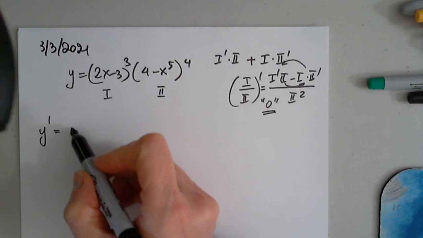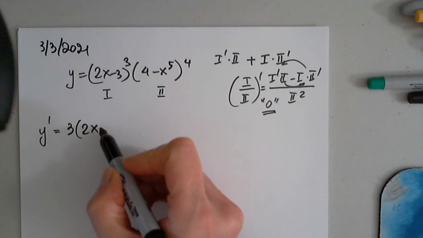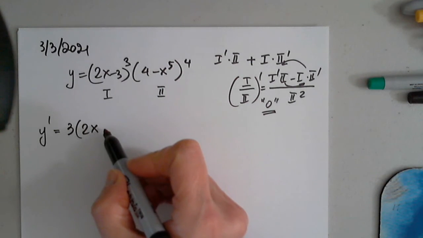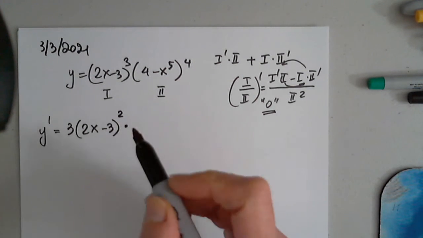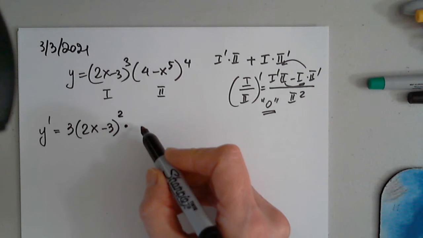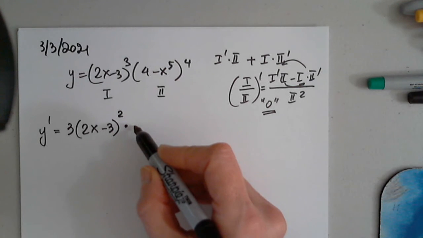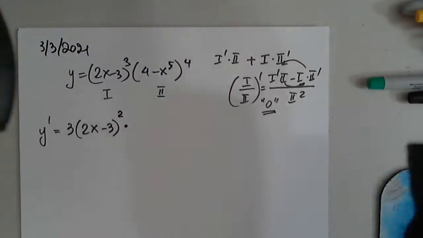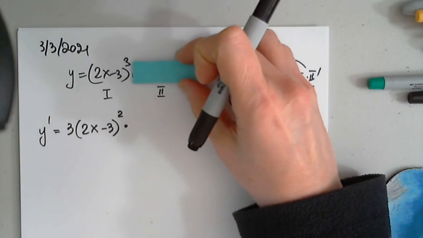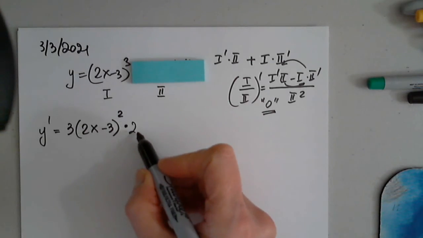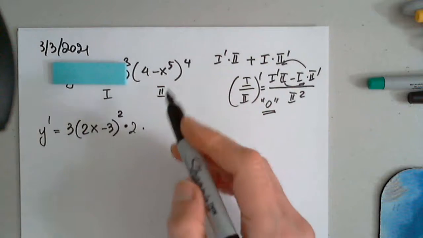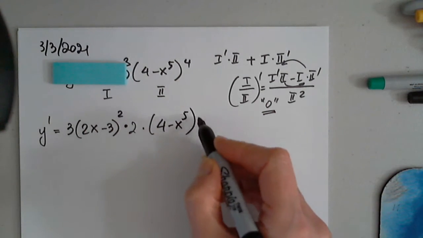It would be 3 times 2x minus 3 squared, multiplied by the inner function prime, which is 2. Good. Multiply now by the second function, which is 4 minus x to the fifth to the fourth power.